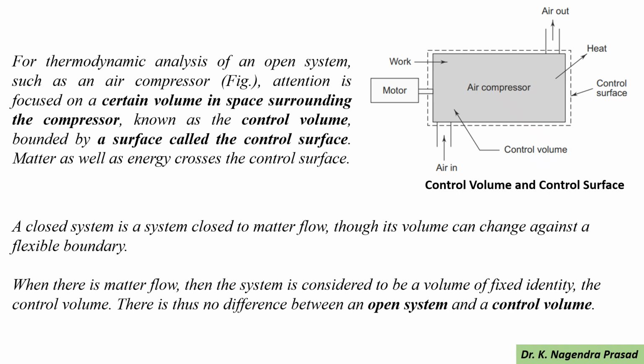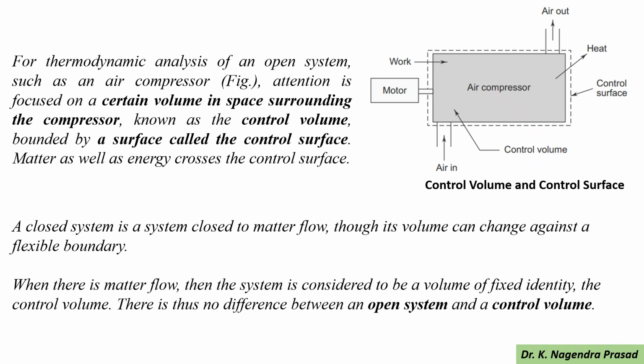Then a closed system is a system closed to matter flow, though its volume can change against a flexible boundary. So in a closed system, mass is constant but volume can change.